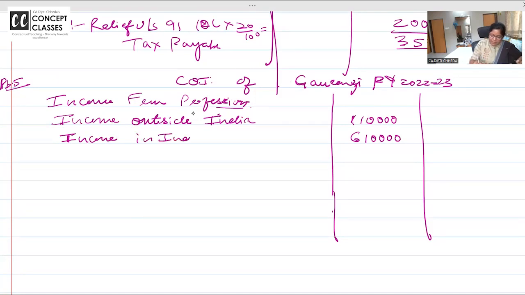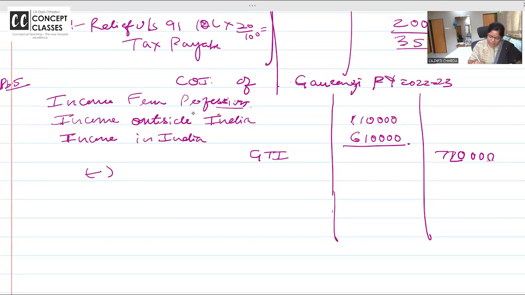There is no other income, so the total business head income and gross total income is 7,20,000.